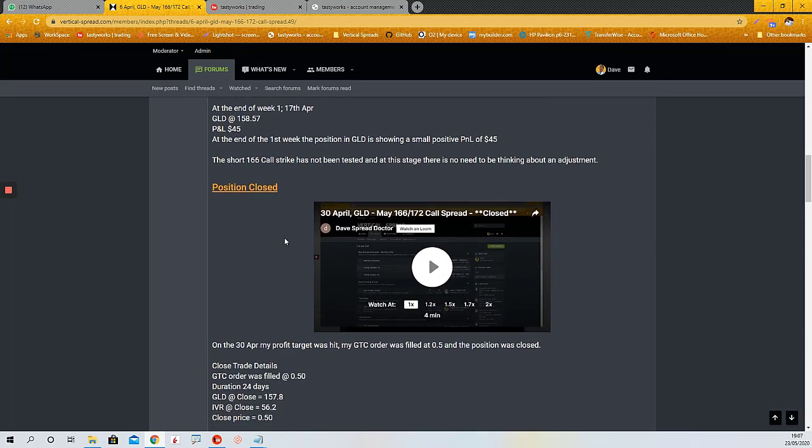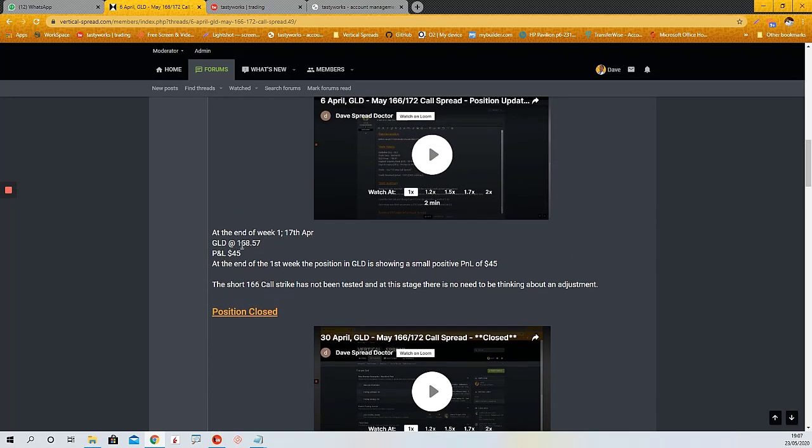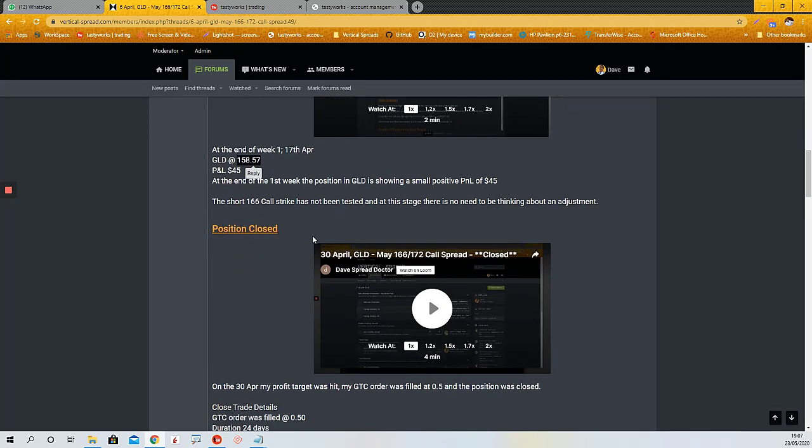And my short strike had not been tested, clearly not. It's at 158. My short strike is 166. So there was no need for me to make any adjustment to this position as of the 17th of April, at the end of the first week.